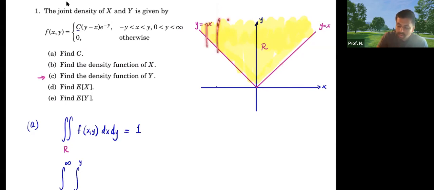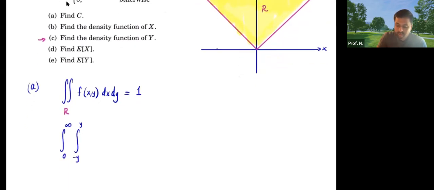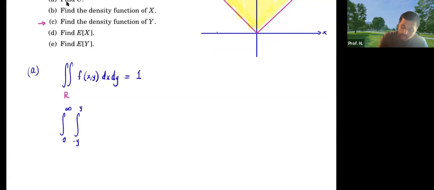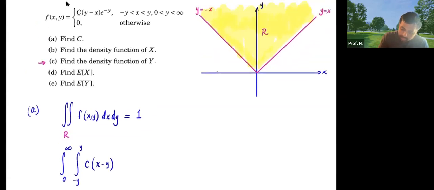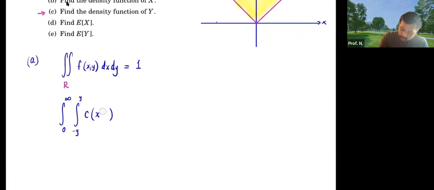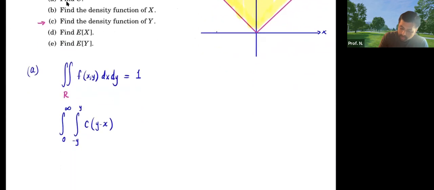So that's why you have to split this into two different integrals. But we're not doing that. We'll be splitting it up in this fashion, so it's just one double integral. So then we get c times y minus x, e to the negative y.